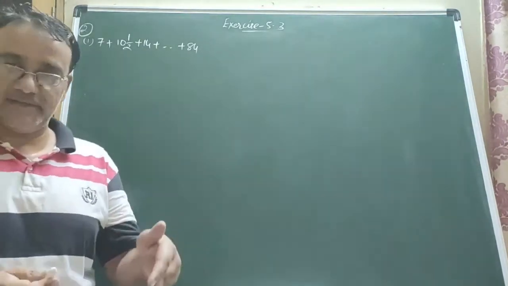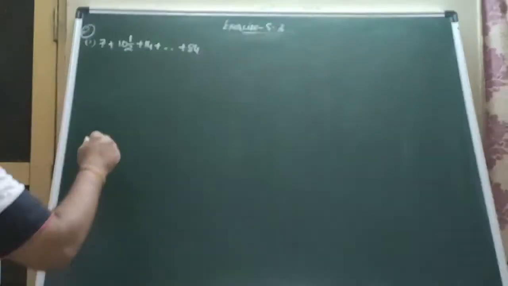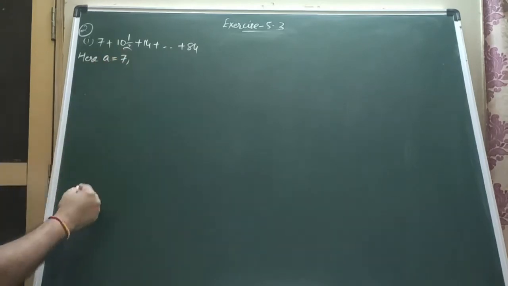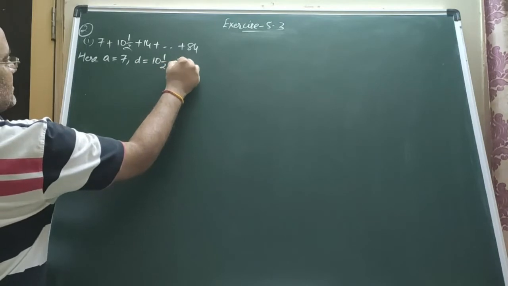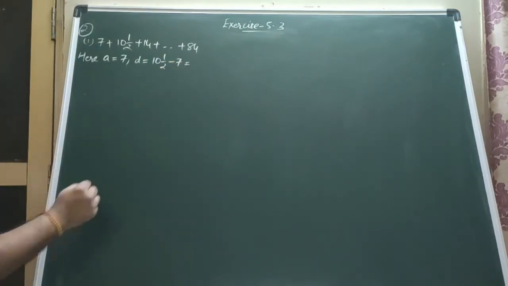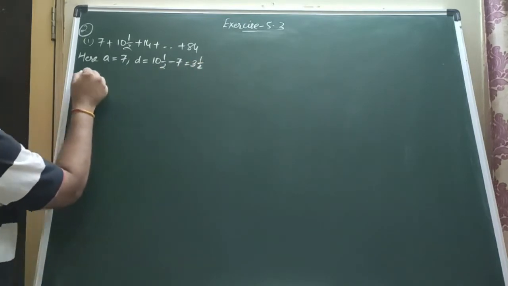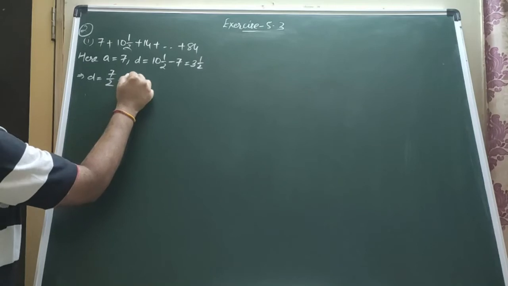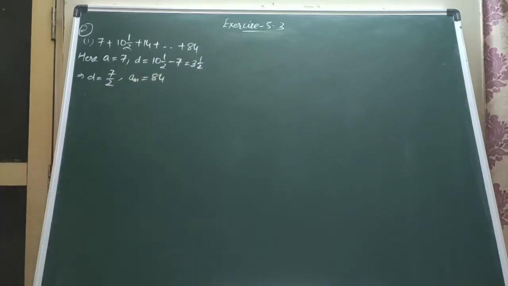So our first target is to find the value of n. So here a is equal to 7 and d is equal to the second term minus the first term. So this will be 3 half. 3 half we can write as 7 by 2, and the last term is 84.